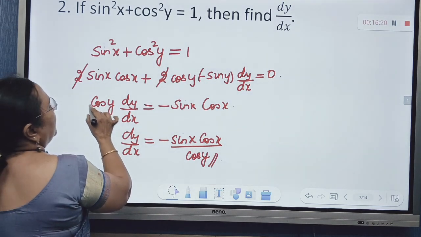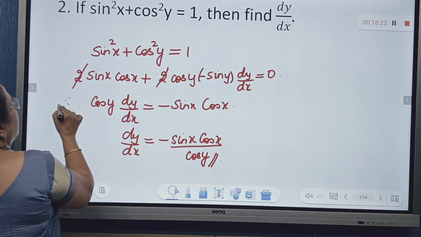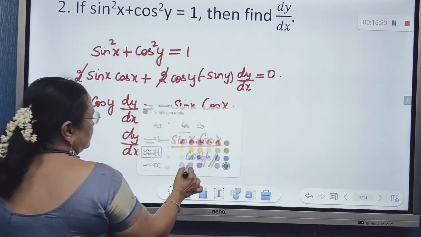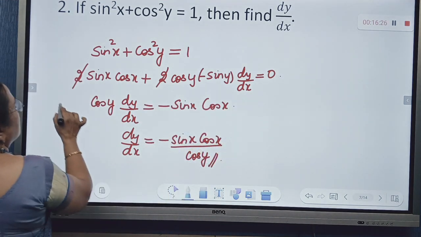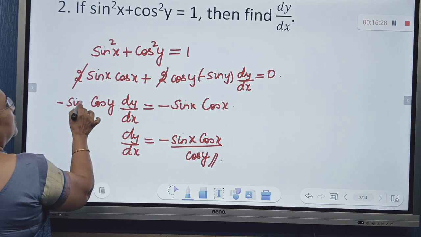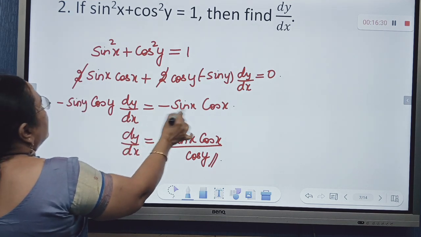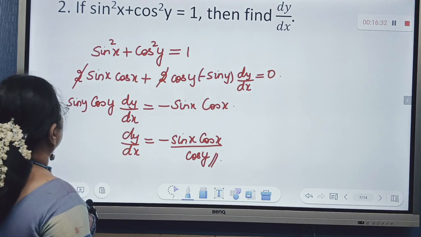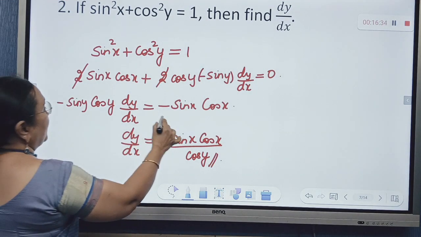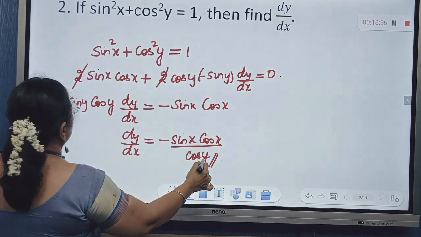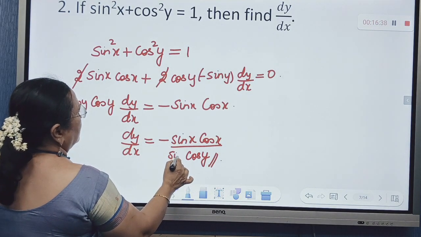So cos y into minus sin y, cos y into minus sin y dy by dx is equal to minus sin x cos x. So dy by dx is minus sin x cos x by cos y into sin y.